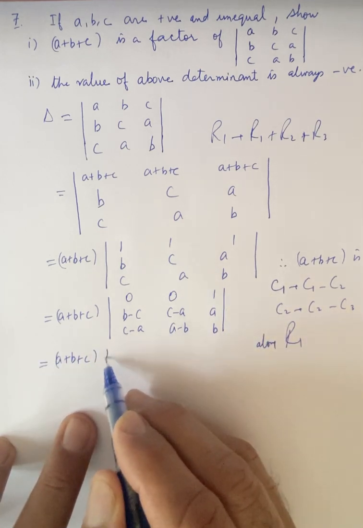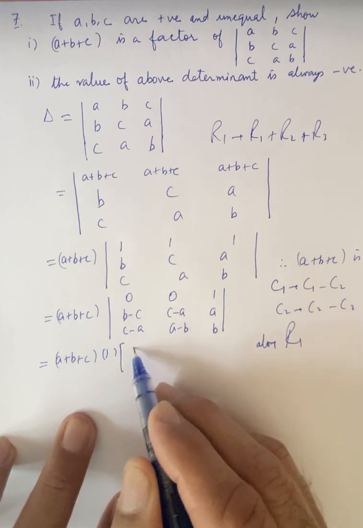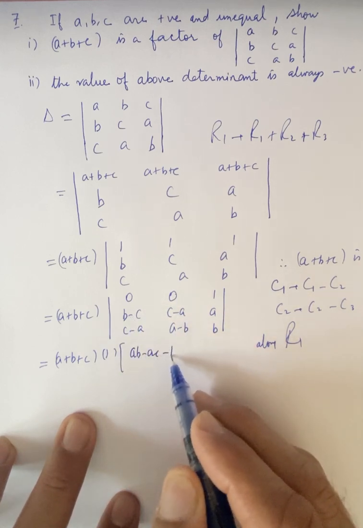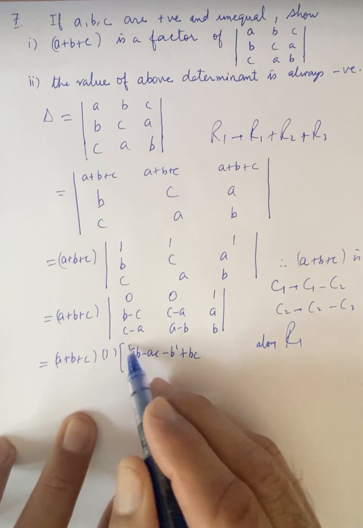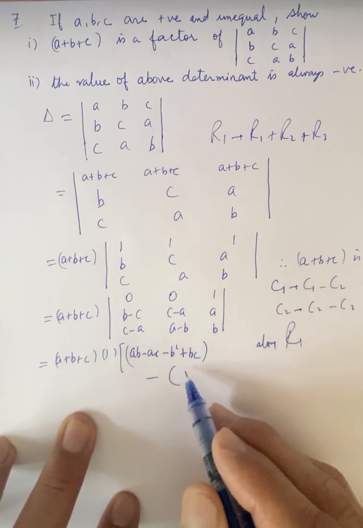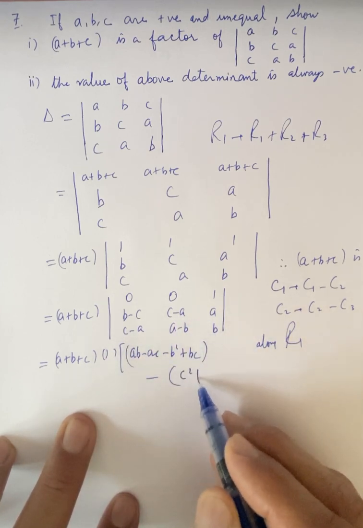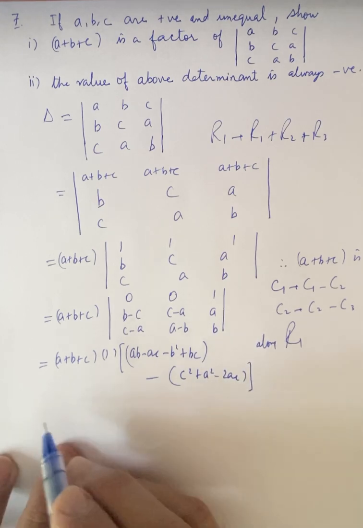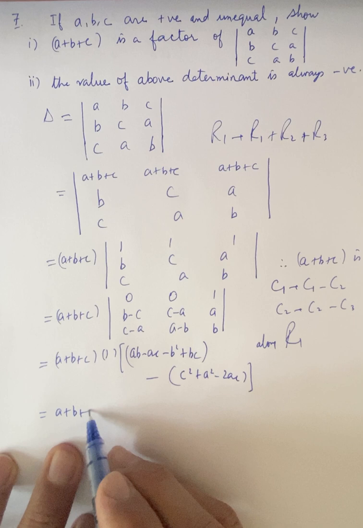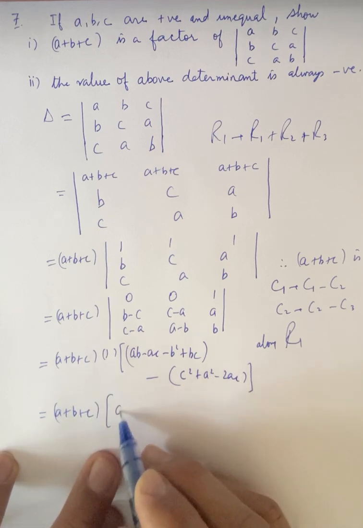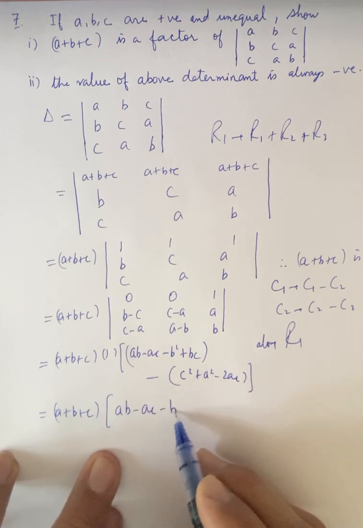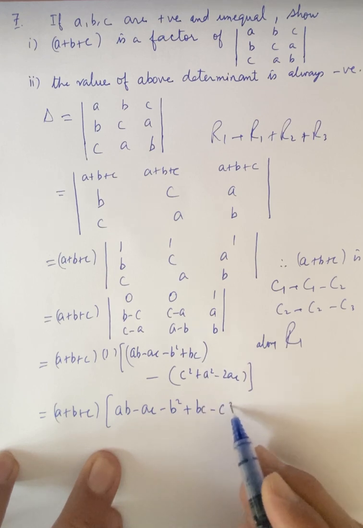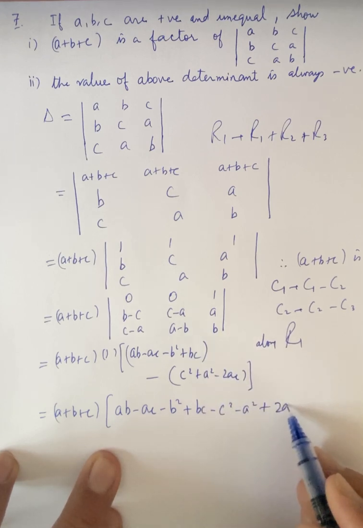We get 1 into this product, which is ab minus ac minus b square plus bc minus c minus a whole square, which is c square plus a square minus 2ac. That's a plus b plus c, minus b square plus bc minus c square minus a square plus 2ac.